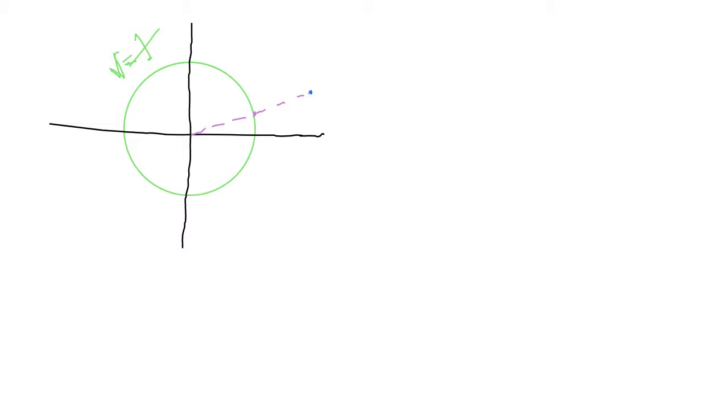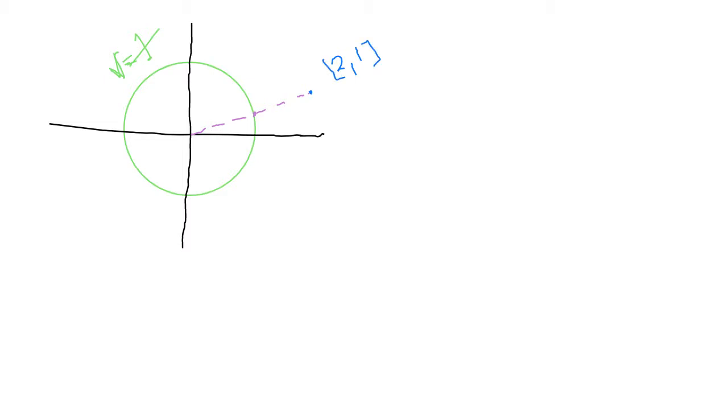I know two different things about this point. Let's say that this is point (2, 1). I had this example before, so we can do this again.